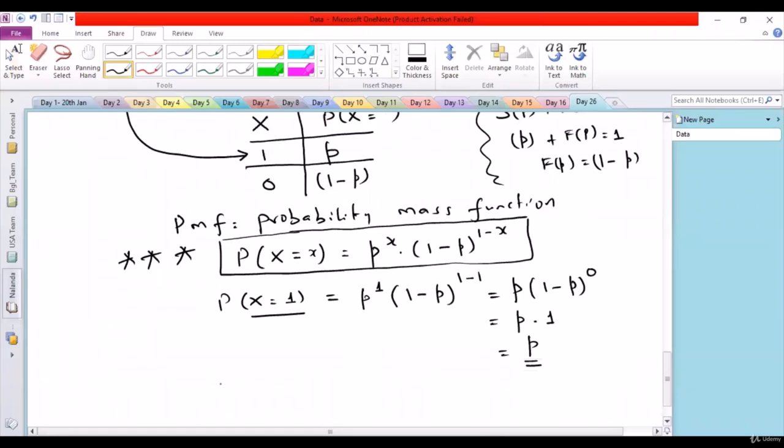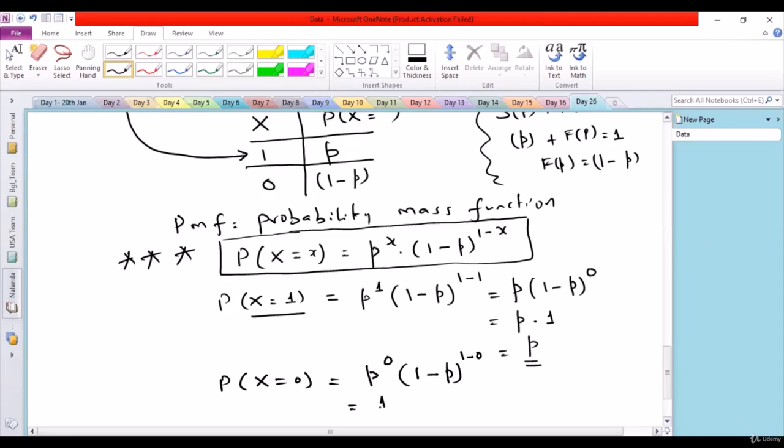Now the probability of my x at 0, that means when my random variable is not happening, or it's a fail. In this situation, this becomes p to the power of 0 into 1 minus p to the power of 1 minus 0. P to the power of 0 is how much?